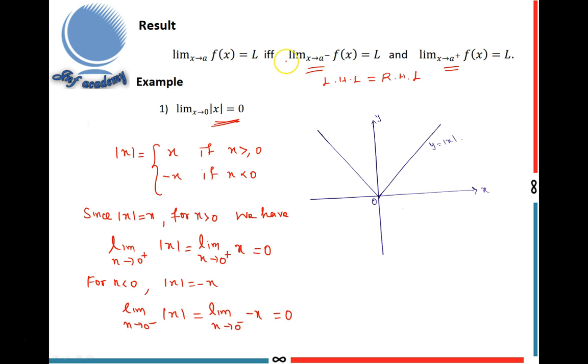By using that result, the right hand limit and left hand limit are equal to 0. So the limit as x tends to 0 of modulus x equals 0, because here the right hand limit and left hand limit are equal.